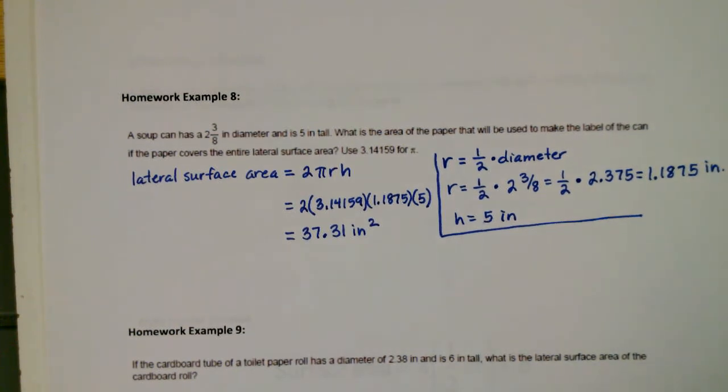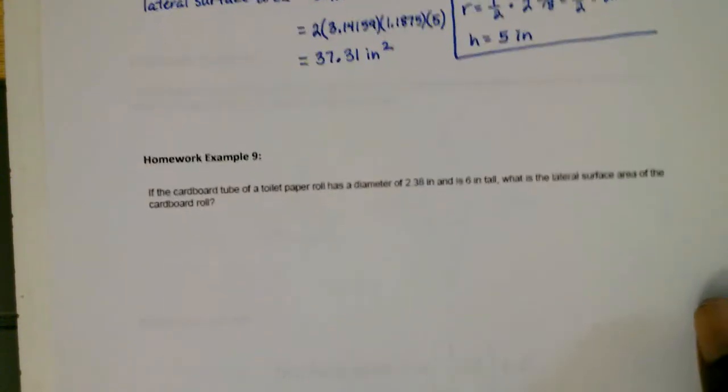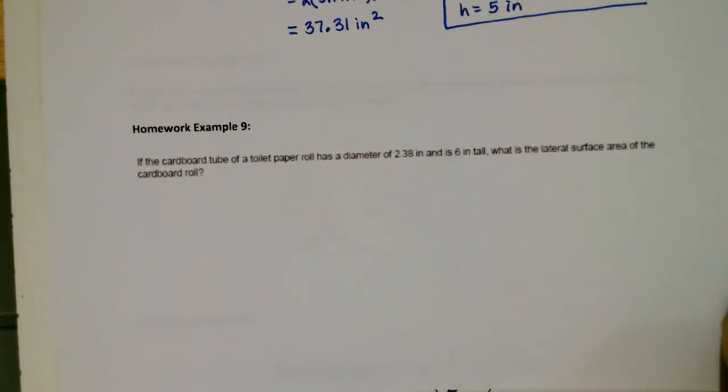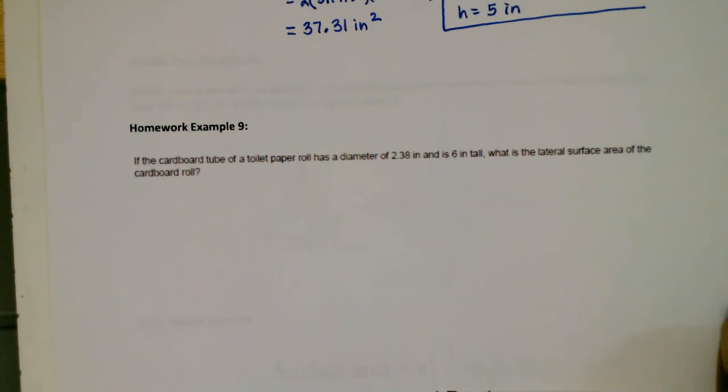All right, here's another example similar to that. If the cardboard tube of a toilet paper roll has a diameter of 2.38 inches and is 6 inches tall, what is the lateral surface area of the cardboard roll?